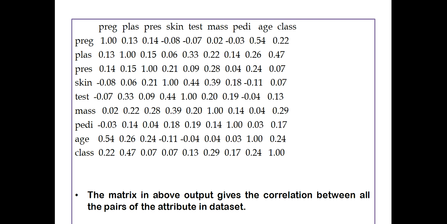So I have already told you that with the help of this analysis, that is multivariate analysis, we want to have an idea about pairwise relations of different attributes. Means to say, this is preg. These are the same attribute and we got the value as 1.00. So correlation, you can analyze it.